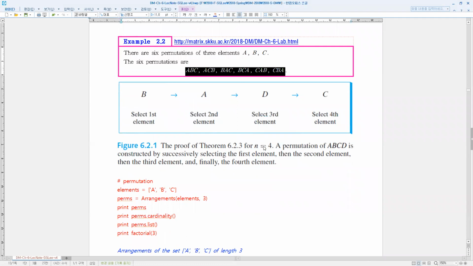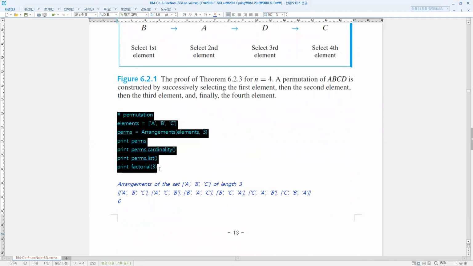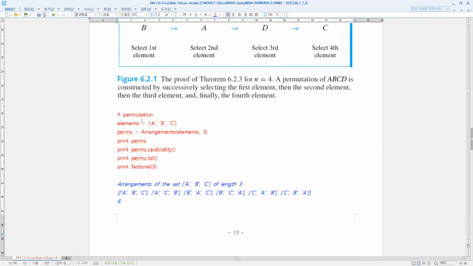Okay, if n is equal to 4, then we have 4 choices, 3 choices, 2 choices, and 1 choice. And this is the Python-based Sage code for permutations. We need to find the permutations and orderings.